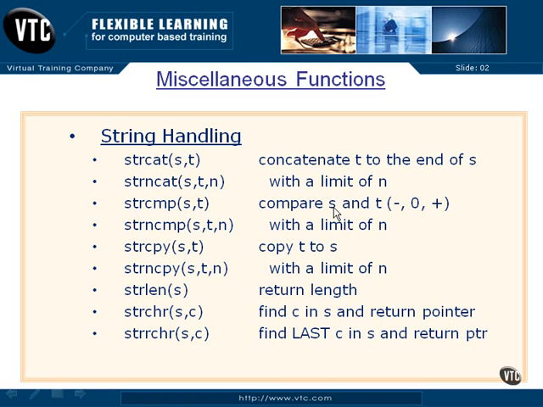If S is less than T, that's alphabetically. If the string S is less than T in the alphabet, a negative value will be returned, because what happens is that T, character by character, is subtracted from S. So let's say that this is S and this is T, concatenate and compare.